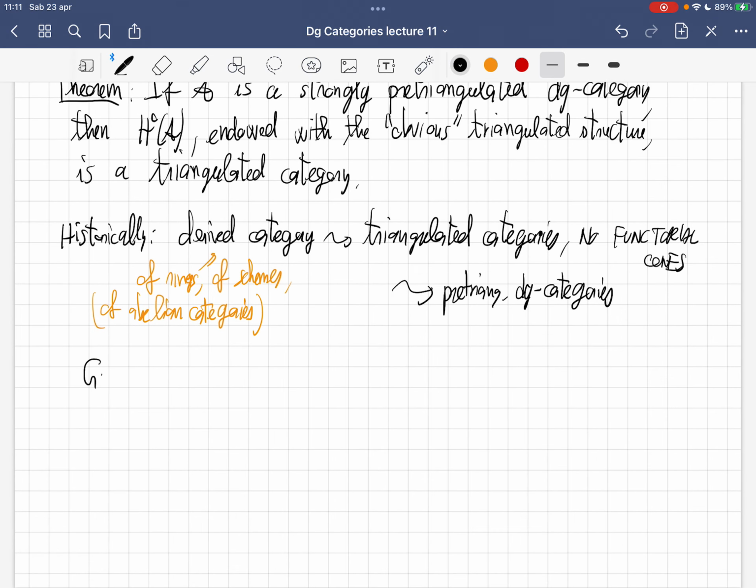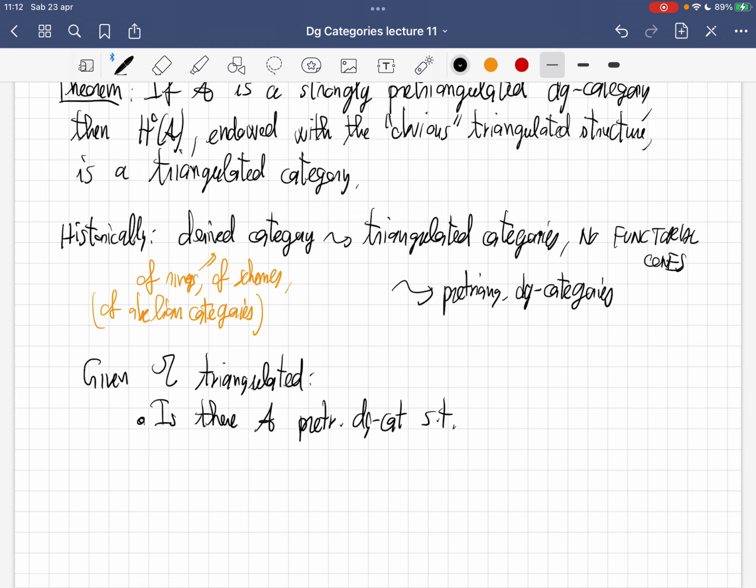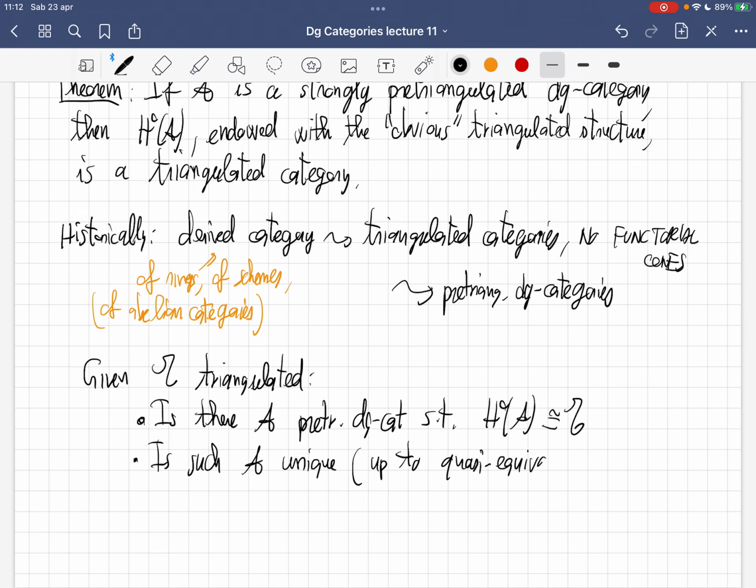For example, you can ask, given T triangulated, some triangulated structure, is there a pretriangulated DG category A such that H0 of A is at least equivalent to T, and is such an A unique, let's say up to quasi-equivalence at least.